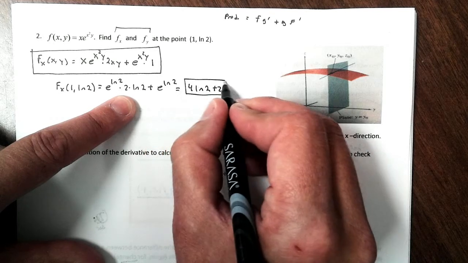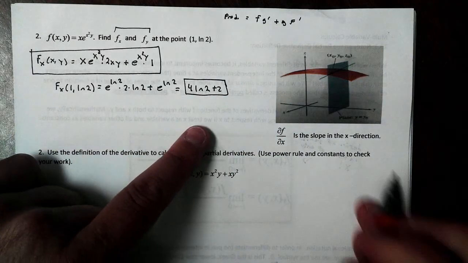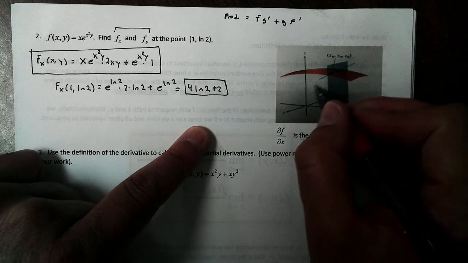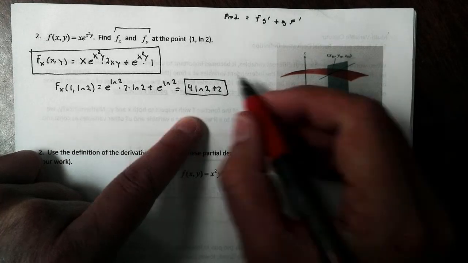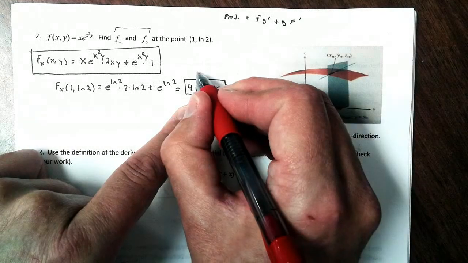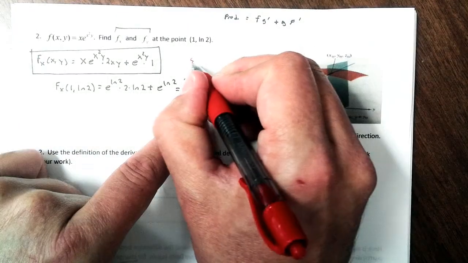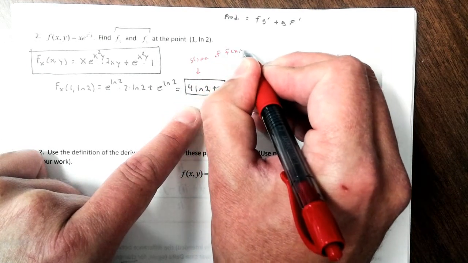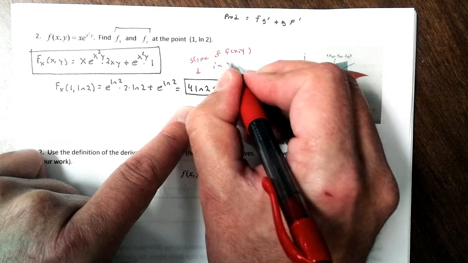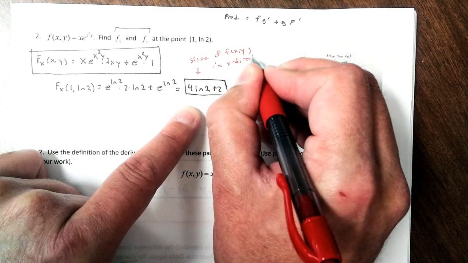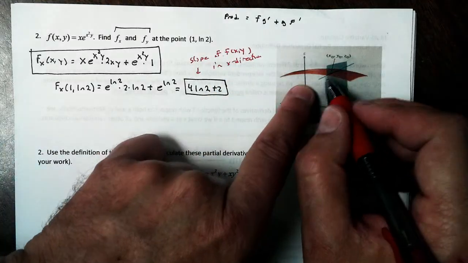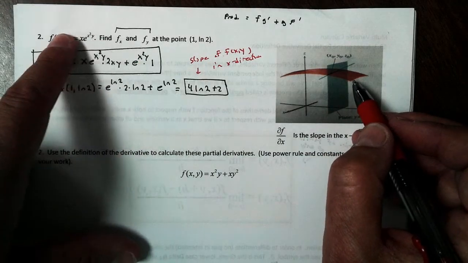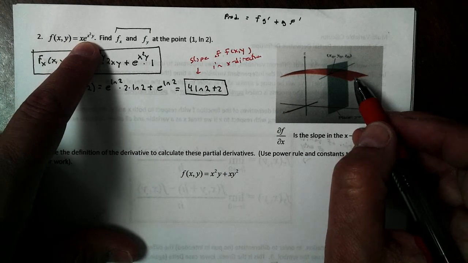So what does this mean for us? Well, let's take a look at our graph. Here we have this line right here in the x direction. So what does this tell us? Well, this is the slope of the function in the x direction. Here's this red curve, which represents our function, x e to the x squared y.